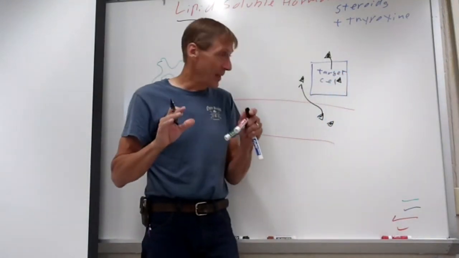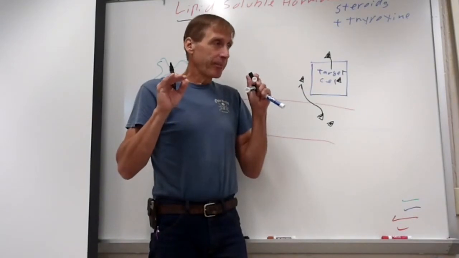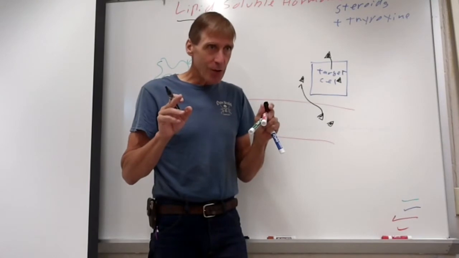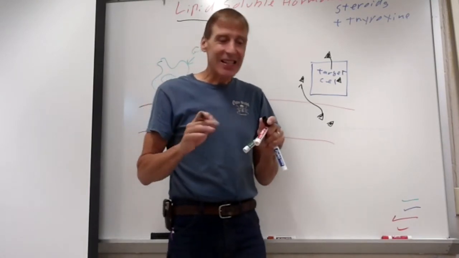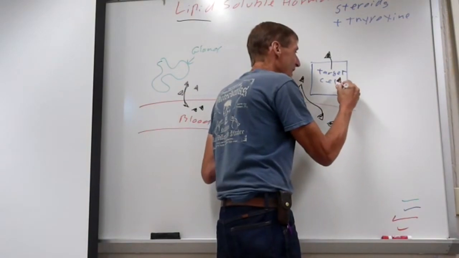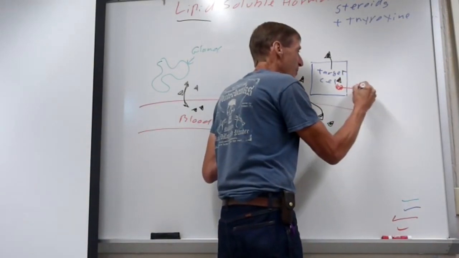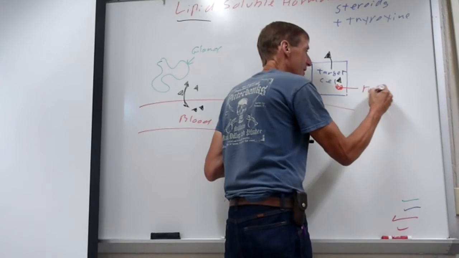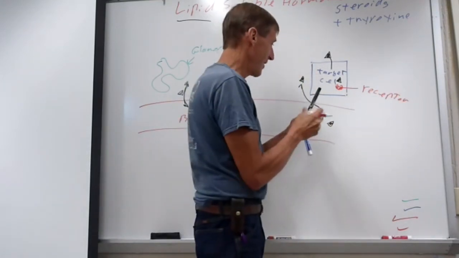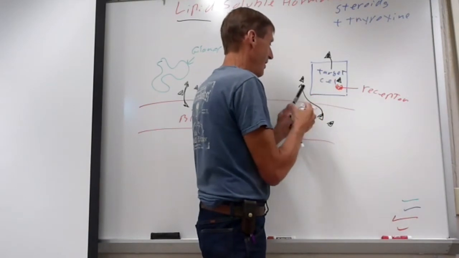Now here's an important bit. The lipid-soluble hormones diffuse directly into the cell and they bind to receptors that are either in the cell cytoplasm or, more commonly, in the nucleus of the cell. Let's say here's your nucleus here.